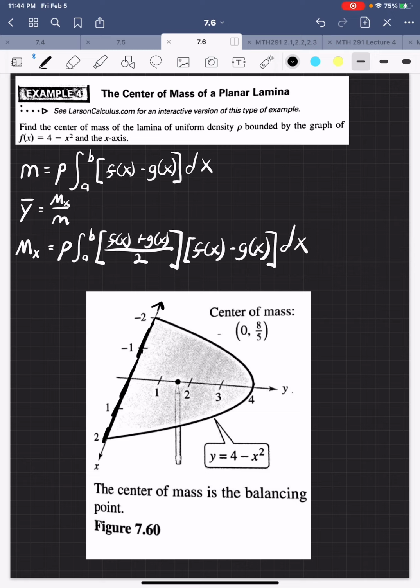And then you're also bounded by the graph of 4 minus x squared. Okay, so I agree with you that 4 minus x squared continues this way, but because you're bounded by this x-axis, it's not going to let it go any farther. Okay. All right, so this is your overall shape.